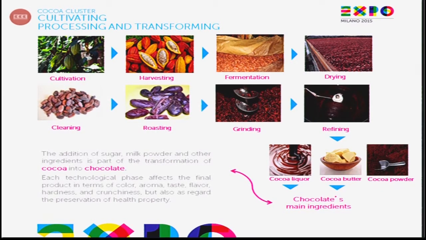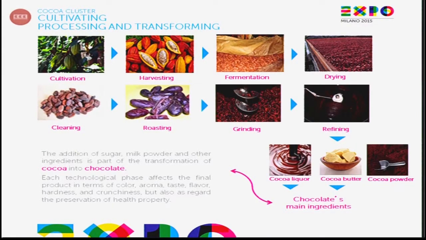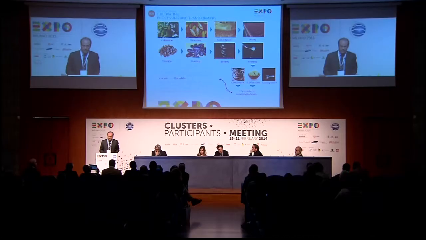So cacao is an important source of antioxidants, flavonols. And the daily consumption of cocoa powder and of dark chocolate can contribute to our health. But it is also important to remember that there are still some contraindications of an excessive consumption of cocoa or dark chocolate. The most common, of course, are overweight and obesity.